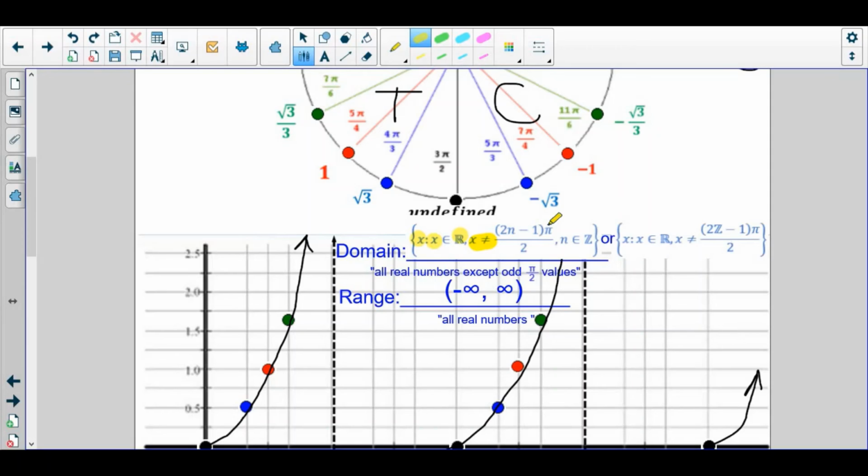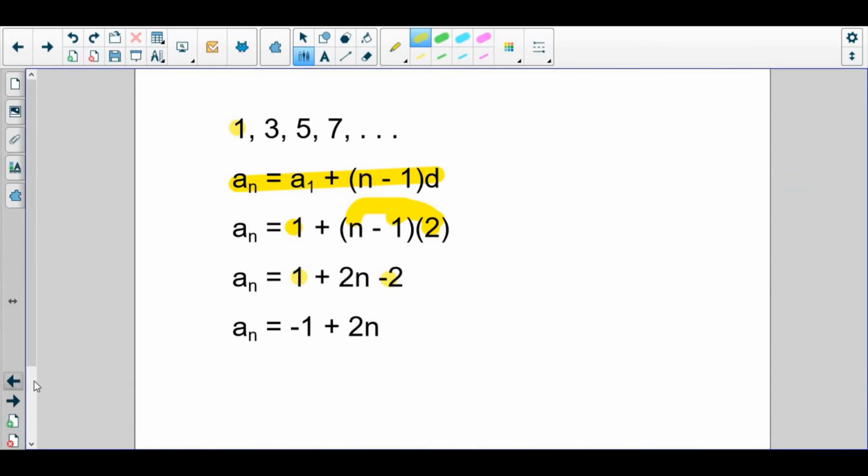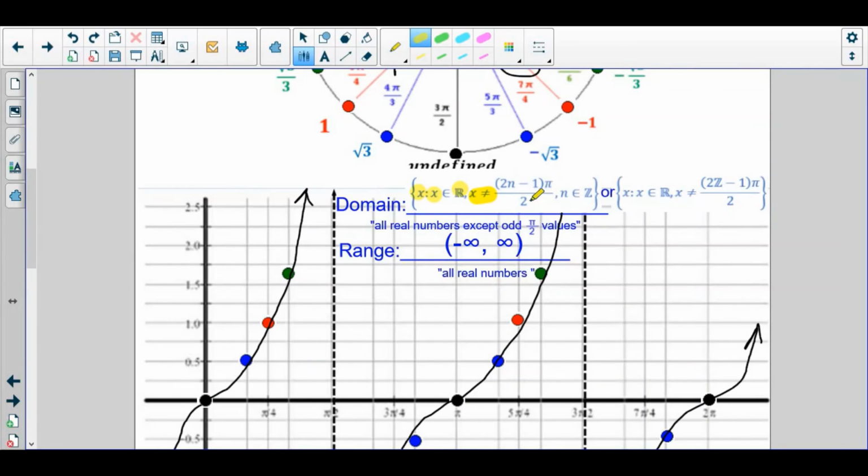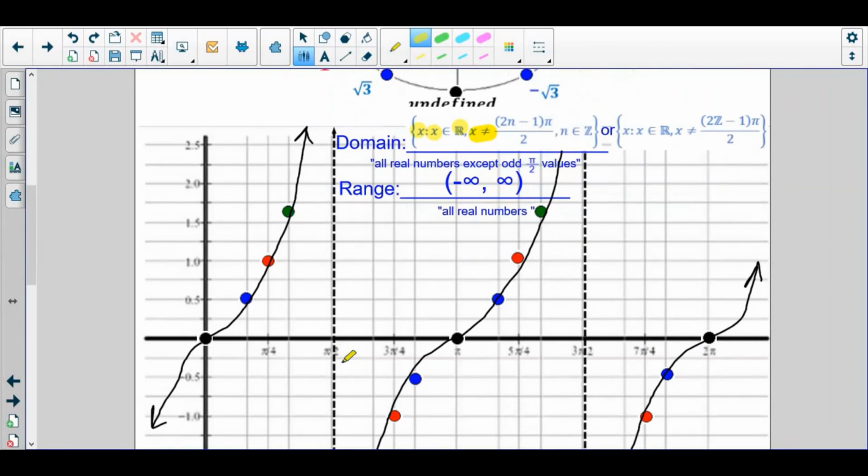It's actually reversed in this just because that's the way that trigonometry writes it. So for sequences and series, this would again be -1 plus 2n, but here we have 2n minus 1, and then pi over 2. So as you can see, this is saying odd pi over 2 values. This is mathematically saying odd from sequences and series, and then we have pi over 2.